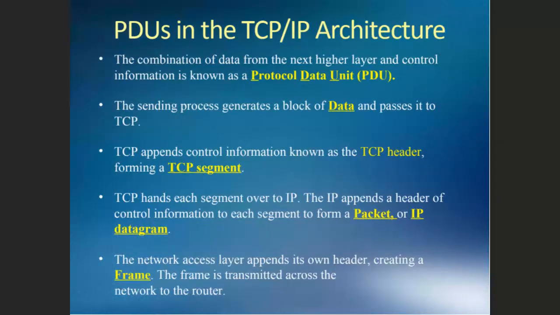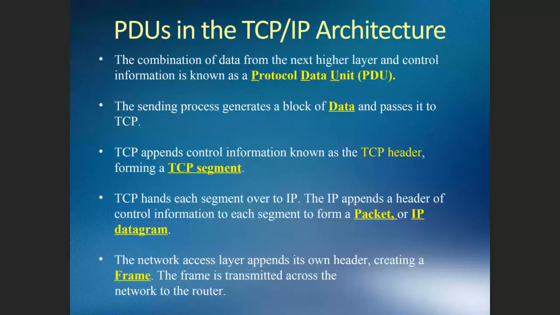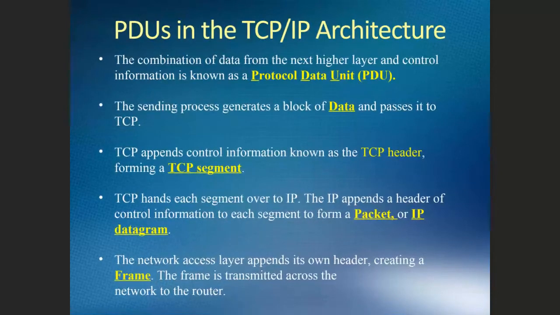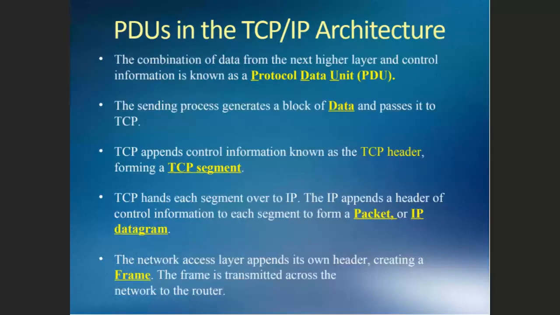The network layer, or the internet layer, the PDU is called a packet or IP datagram, and the network layer will also add a header. The network access layer, it is called a frame, and the frame adds a header and trailer. It's an important layer for WAN.